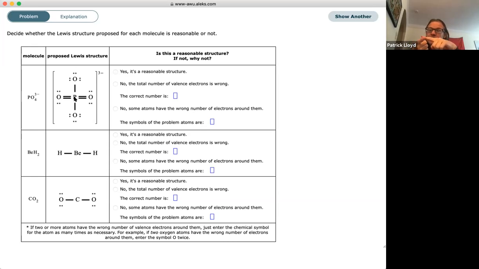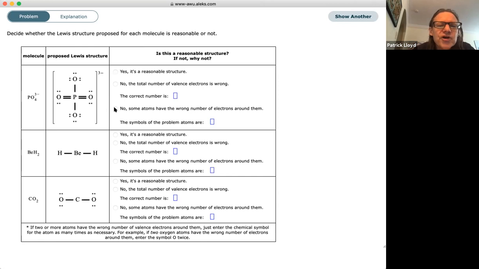Fluorine's number 1. So if there's a negative formal charge, it should be on the fluorine. But if you have oxygen in another element, the negative formal charge should be on the oxygen. Remember that electronegativity comes into play with Lewis structures. Okay, so oxygen is more electronegative than phosphorus. So this is actually a problem, because the problem is the phosphorus.